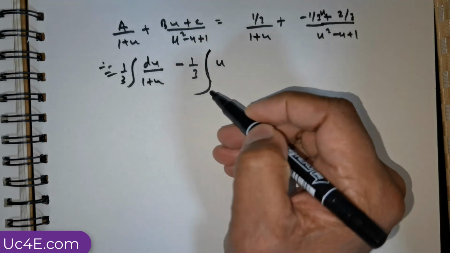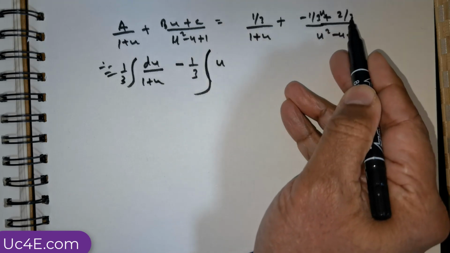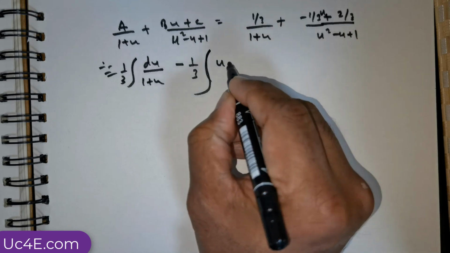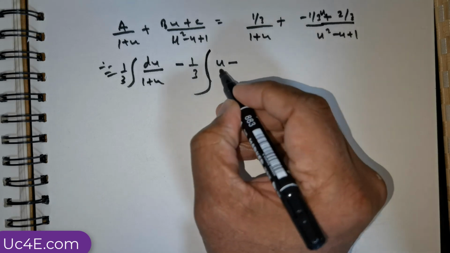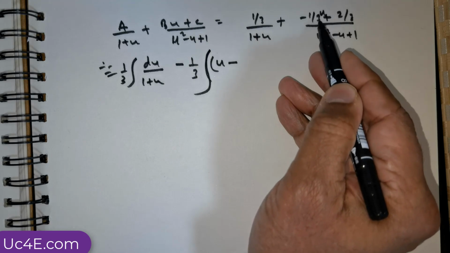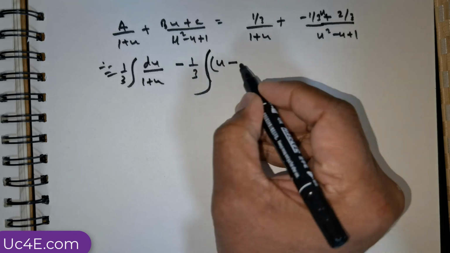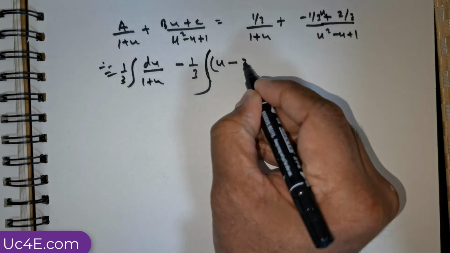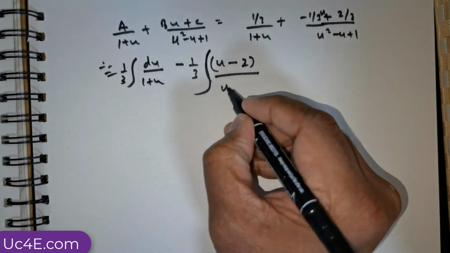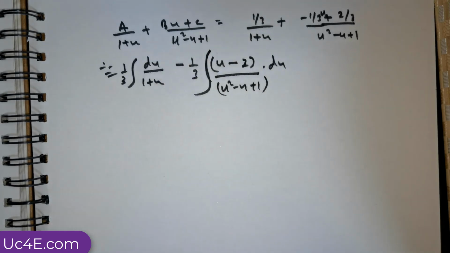Taking negative 1 over 3 times u, with the 2 over 3 there, I need to have a negative 2 there, divided by u squared minus u plus 1, and there's a du there. So this is what I've got.